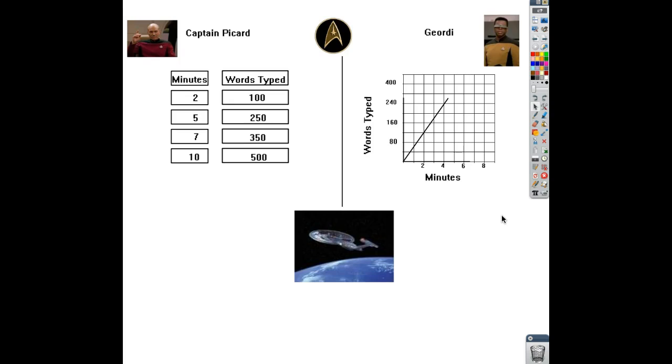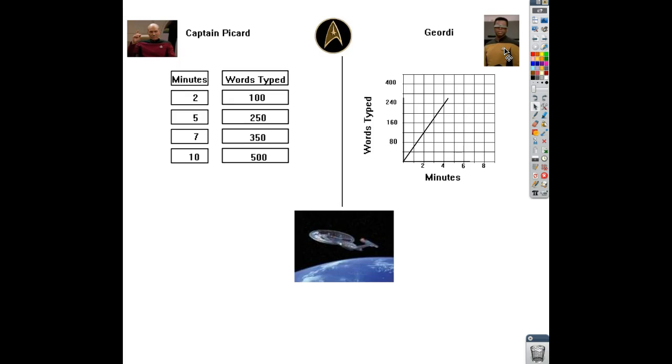Check it out. Also, Geordi LaForge's real name, the actor, is LeVar Burton. Maybe you've seen him in a show that maybe some of you watch called Reading Rainbow. I don't know. Another great show for kids. So check that one out.